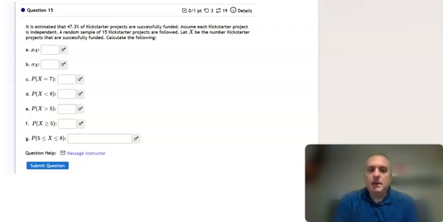So that means that any project still has a 0.473 probability of being funded regardless of what happened to any other project. So one project getting funded does not depend on what happened with another one. So if it's the same probability for every trial and all of the trials are independent, we have a binomial probability distribution.